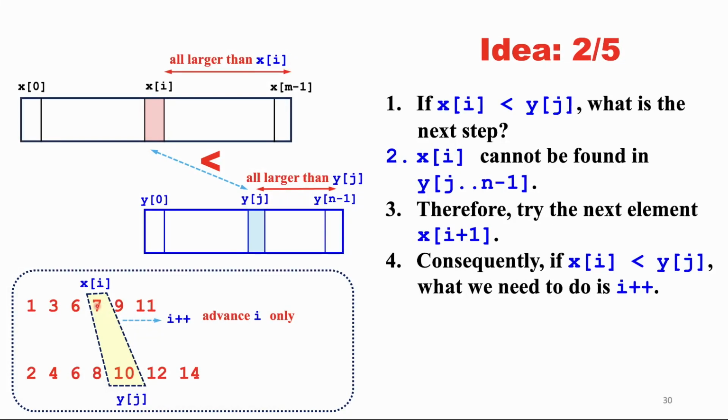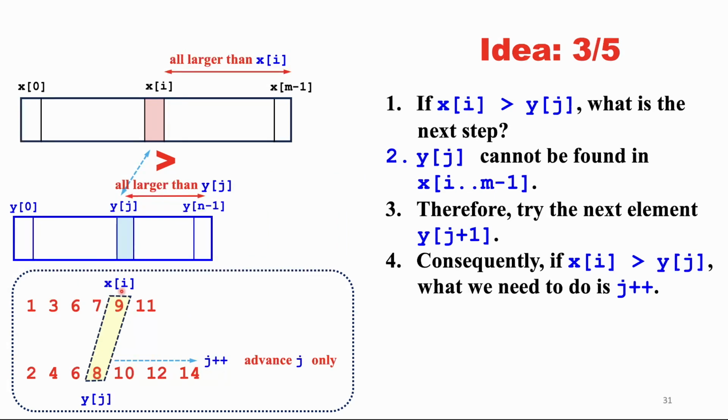Here is an example. xi is less than yj. So we try the next one, that's xi plus 1. Therefore, as we are comparing xi and yj, if xi is less than yj, we increase i without changing j, because the next xi could be equal to yj.